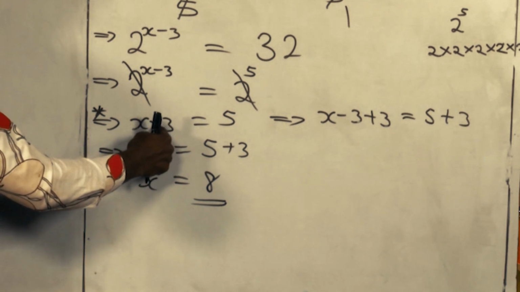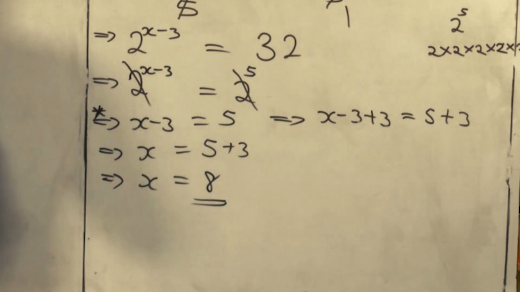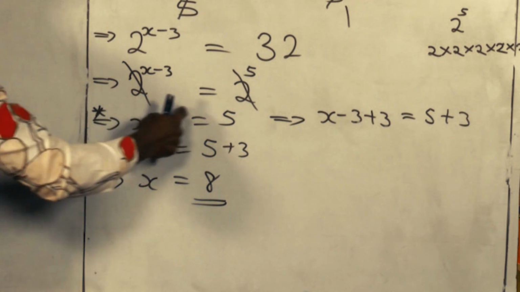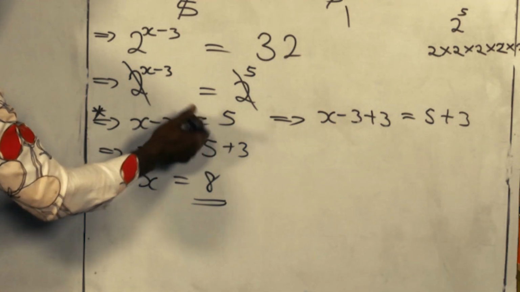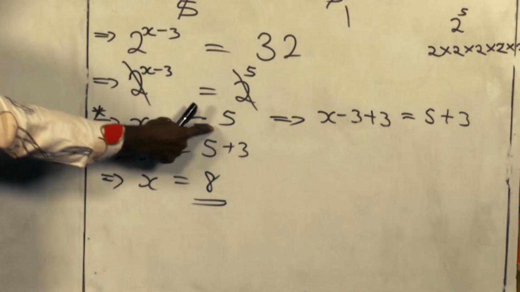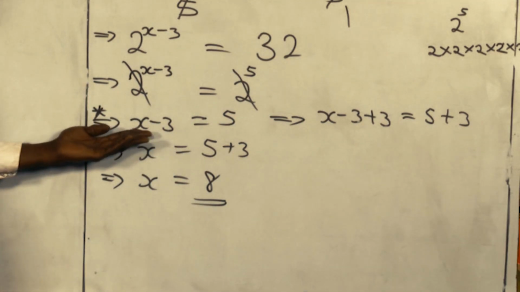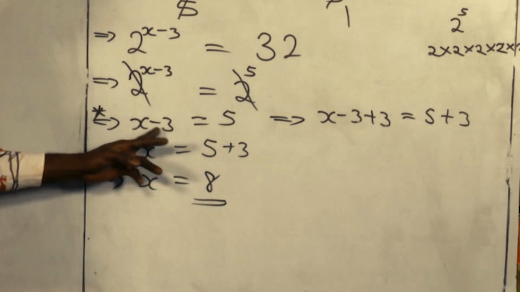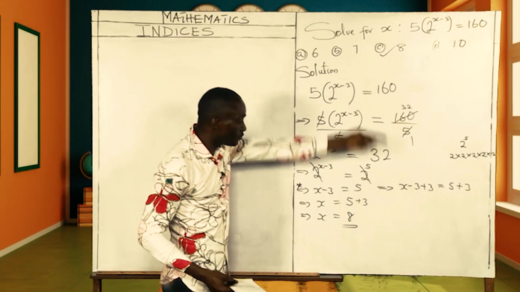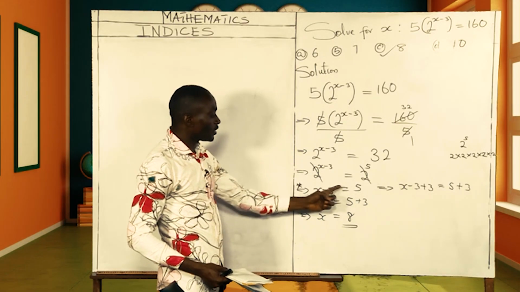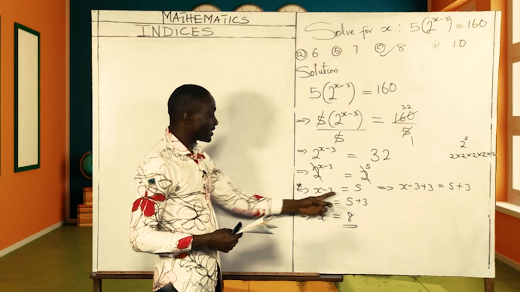When the minus 3 at the left hand side crosses this bridge, this equal sign, to the other side to meet its partner, because this is the variable and minus 3 is a constant, so you are taking it to meet its partner here, it's going to change its sign.